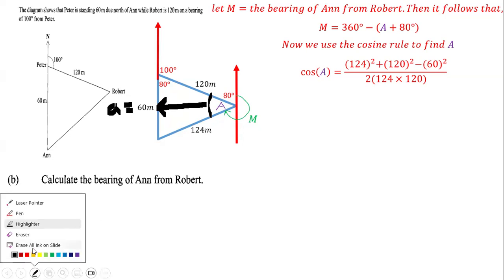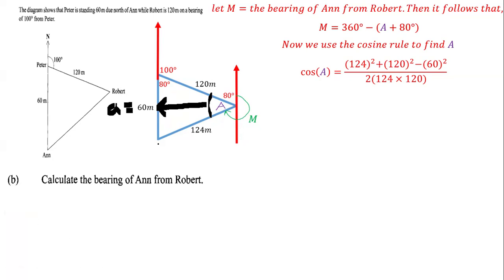Then we have this side right here, which is 120, and this side right here, which is 124. Now 124 is going to be B, and C is 120.